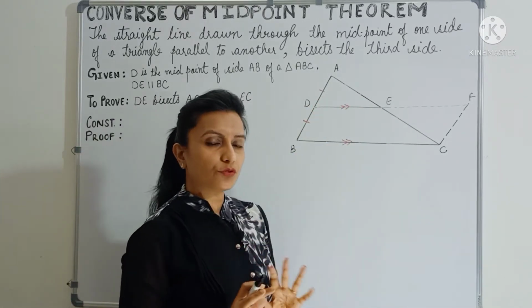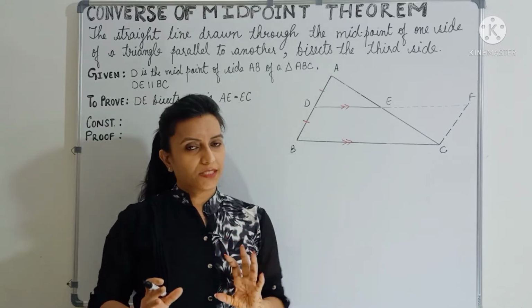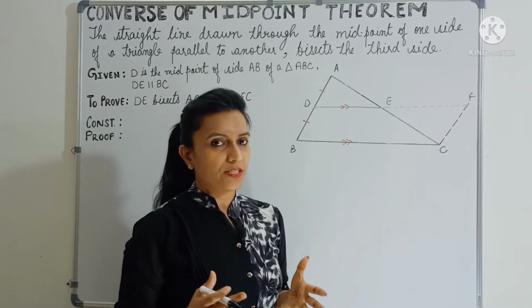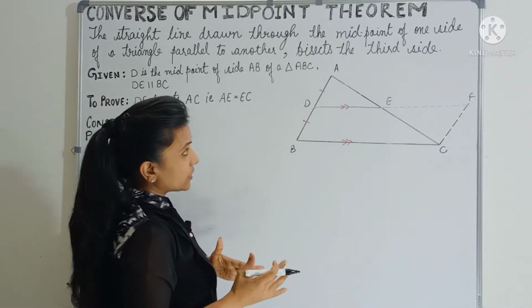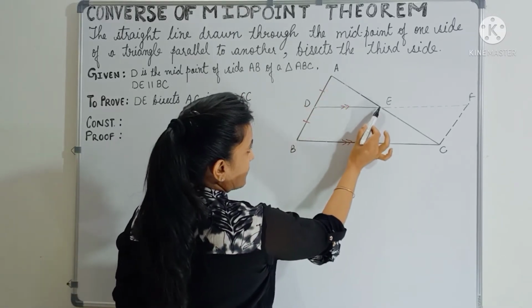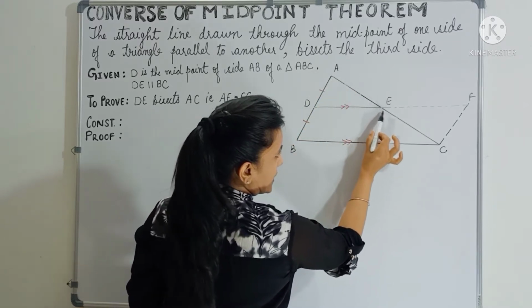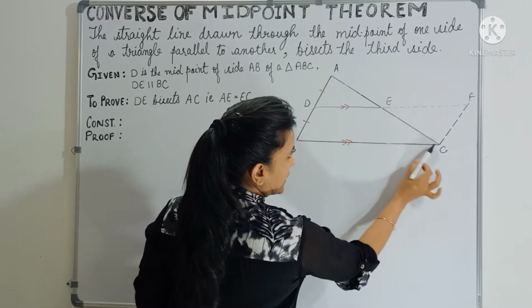Whenever we have to show two angles are equal or two sides are equal, we think about the congruency concept, right? Here you can see that AE is a part of triangle ADE, and EC is a part of triangle ECF.